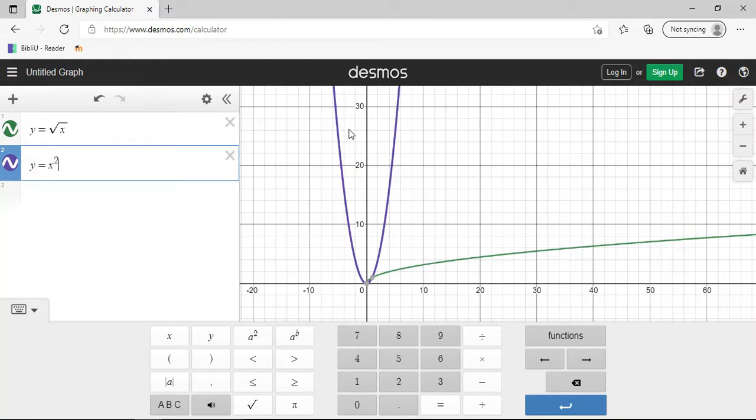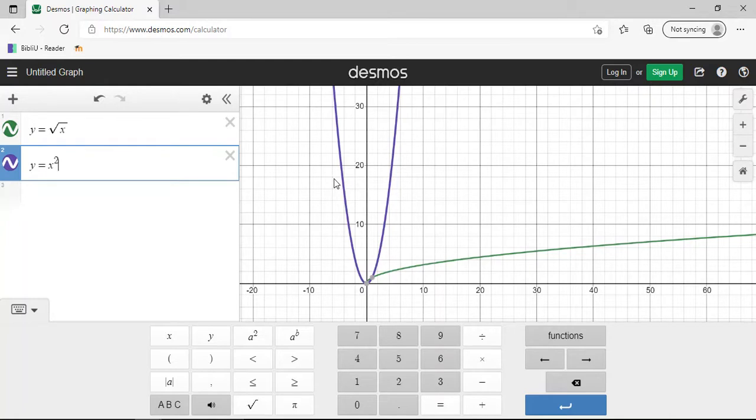Now, the reason why this is an inverse is because in the context of this situation, since we're doing measurement, we do not have negative values. So basically, all of these values over here would leave. They're actually of no use. All of the negative x values are of no use.